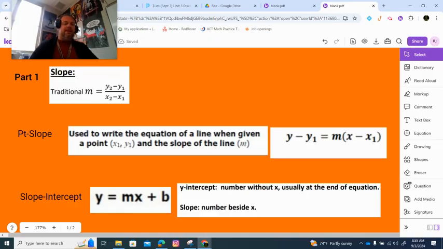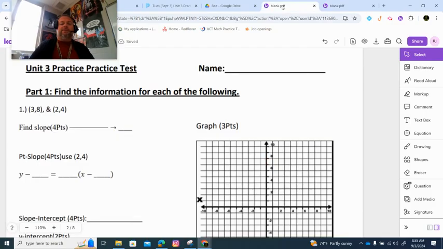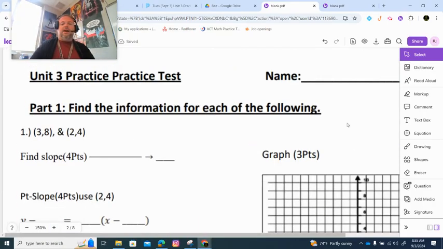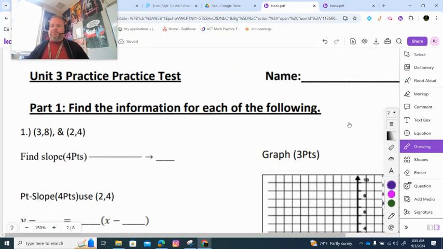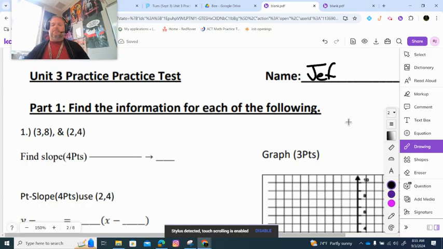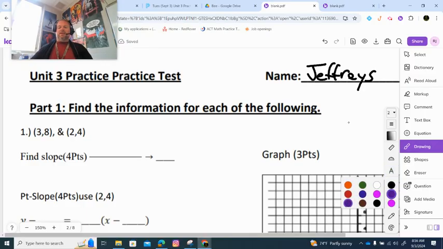So, going through my stuff. Oh, don't forget to put your name on your stuff. Right here, we know these two are going to be on top. We know these two are going to be on bottom.